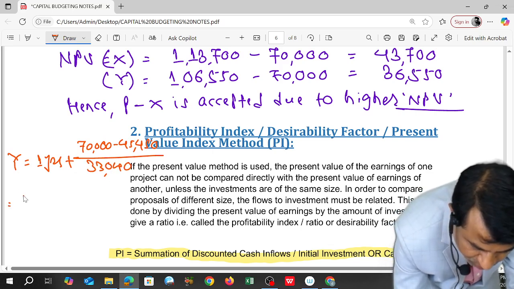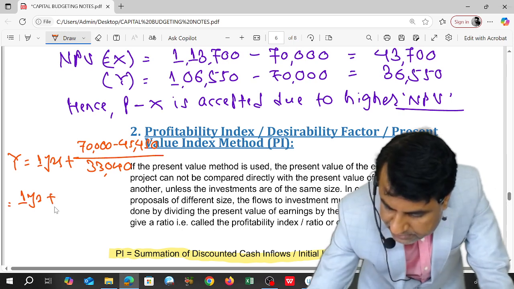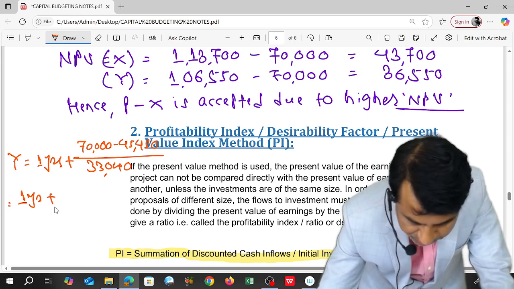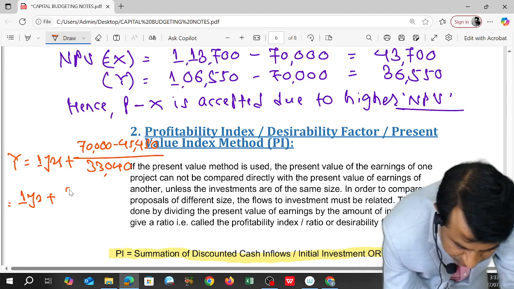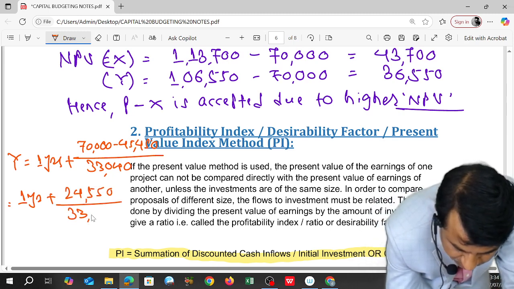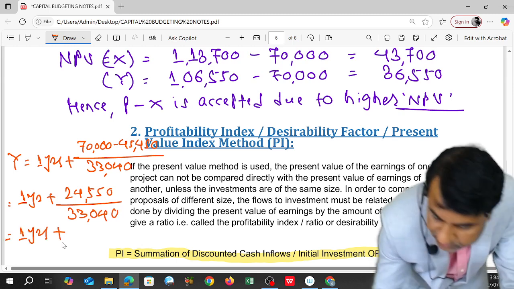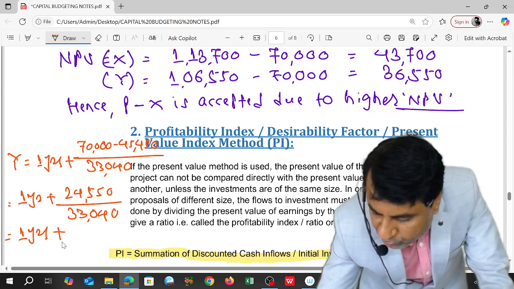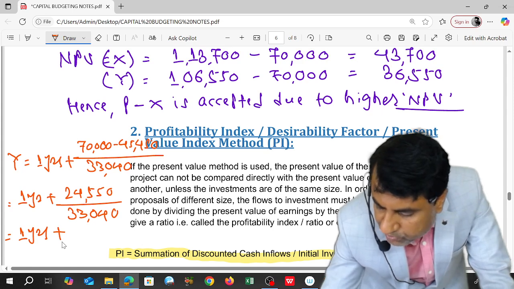So it is 1 year plus, अभी कितना रिकवर होना बाकी है? 70,000 minus 45,450 is recovered, so remaining is 24,550 divided by 33,040. So it is 1 year plus division of these two things, 24,550 divided by 33,040.